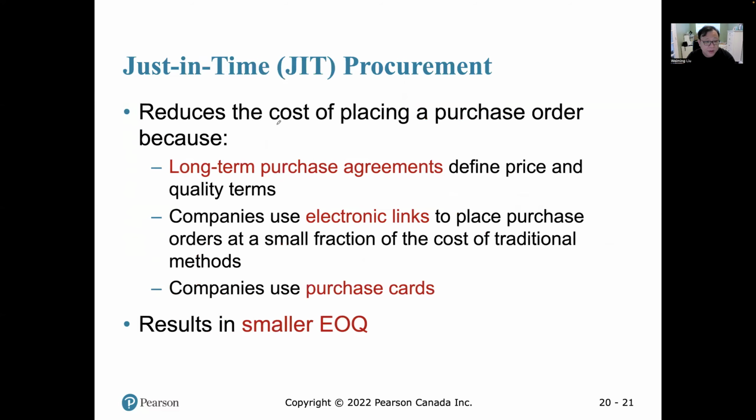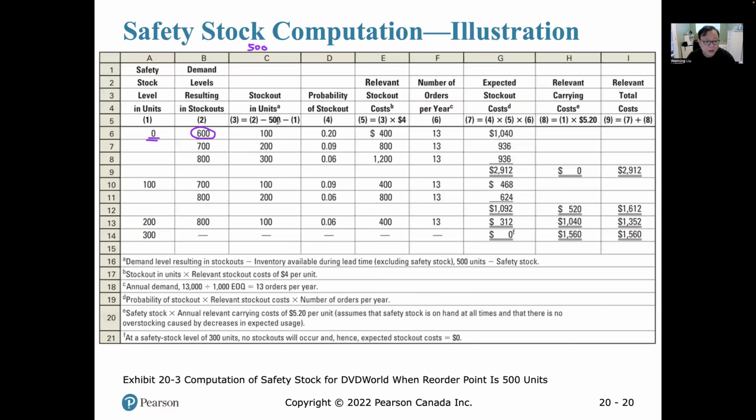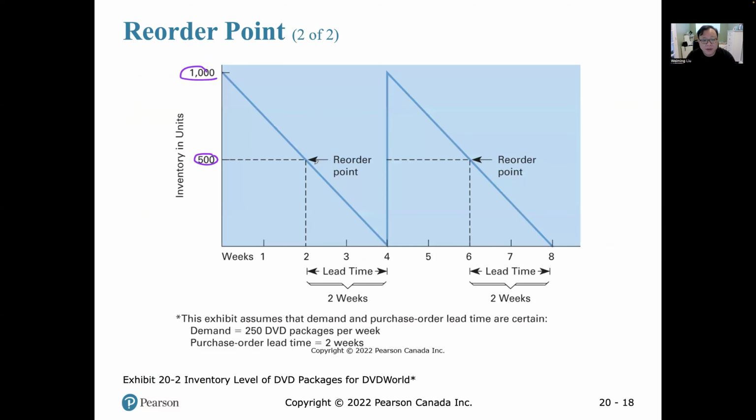Because here, you reordered at this point, so you have 500 left. What happened is, let's say the lead time is longer, or maybe the sales demand is higher.